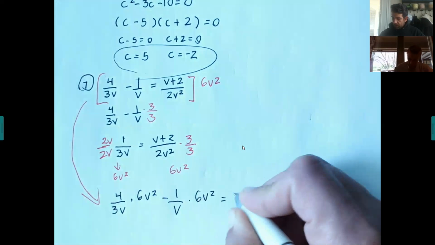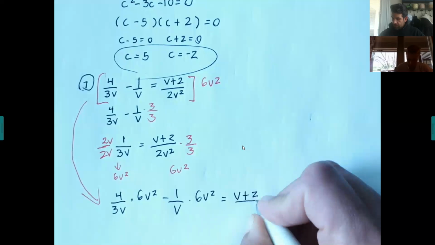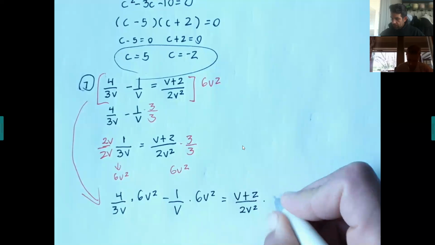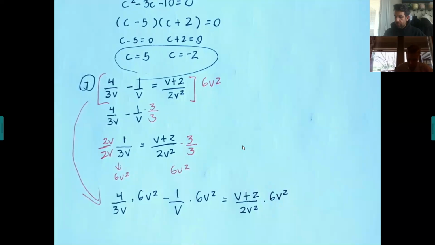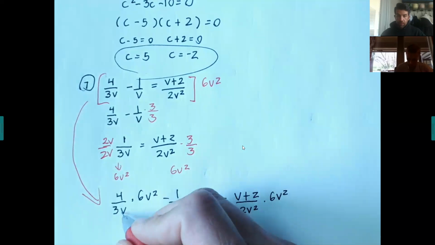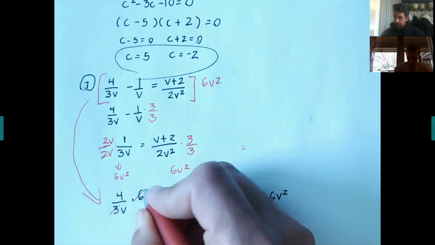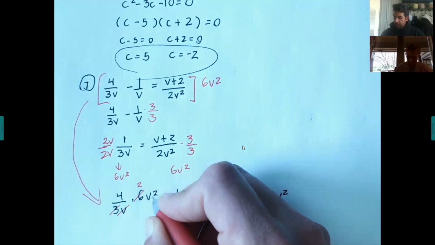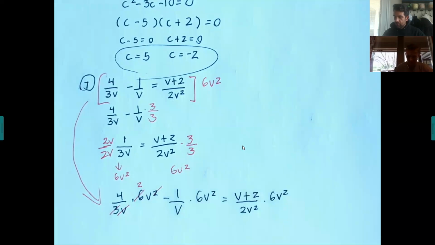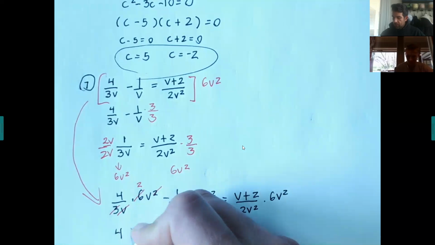I'm essentially multiplying every single one of these things times 6v squared. Okay, now this one is going to make this into a 2, and this one's going to cancel completely, and that's going to give me a v. So this is 4 times 2v.